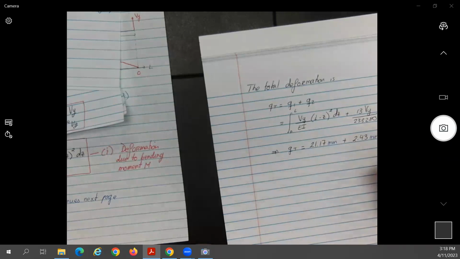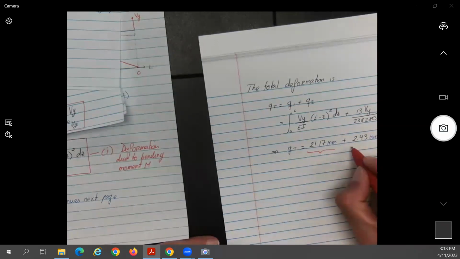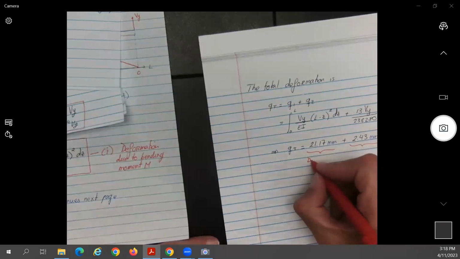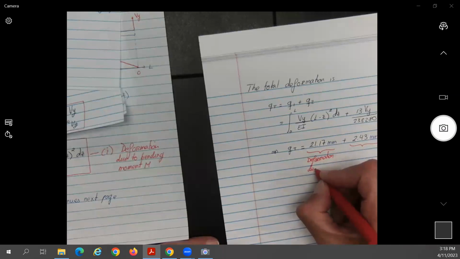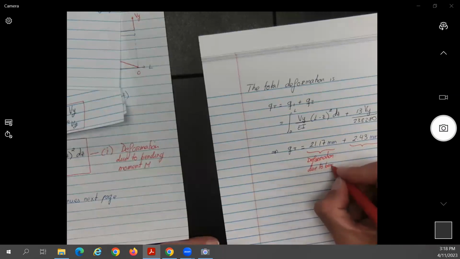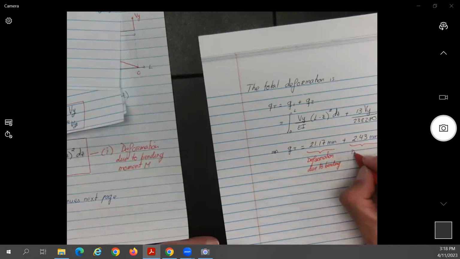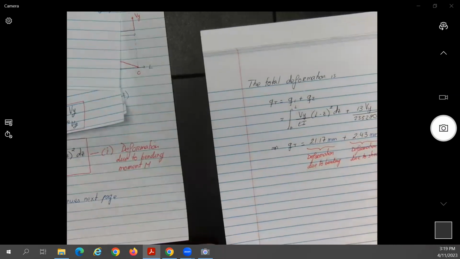So the total will be 23.59 millimeters. So again, this is the deformation due to bending. And this will be the deformation due to shear.